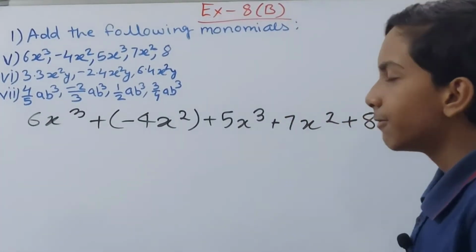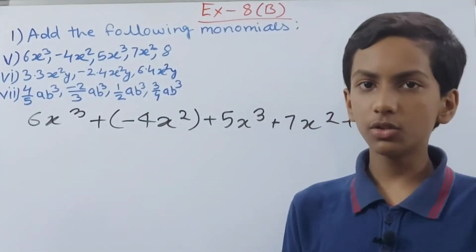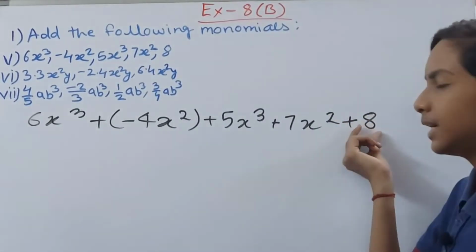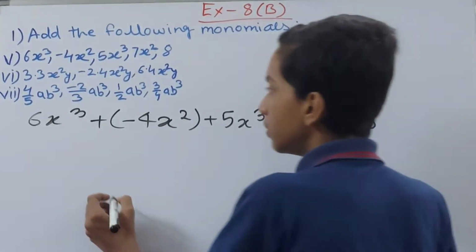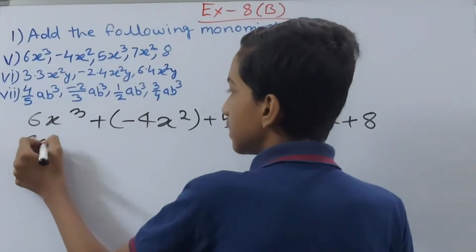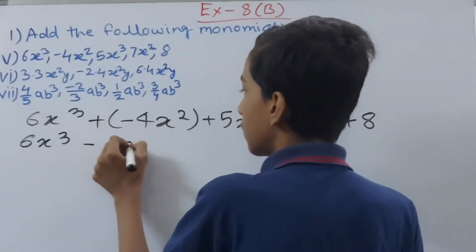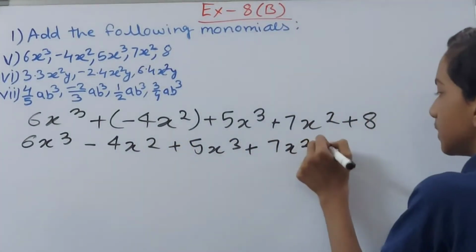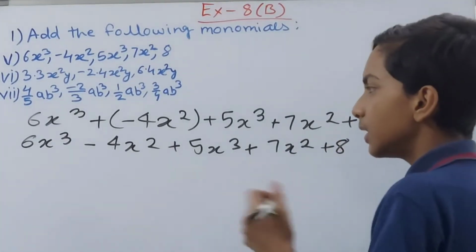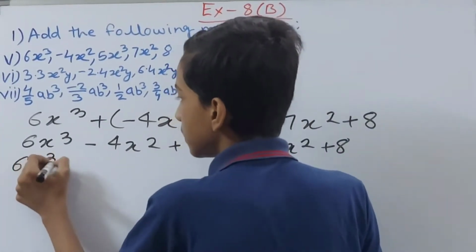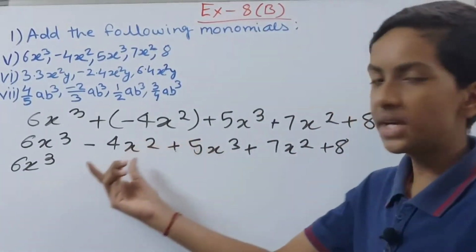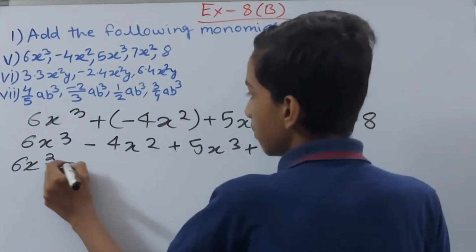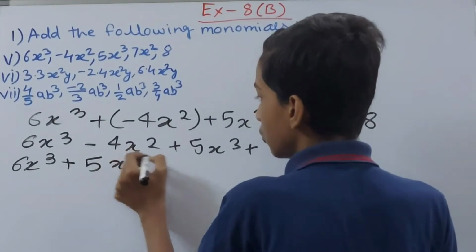First we add the terms with x cube, then the terms with x square, and then simply write the 8 which is left over. So first we open the bracket: 6x cube plus minus minus 4x square plus 5x cube plus 7x square plus 8. Now we rearrange them: 6x cube here, and then any other term with x cube in its variable part, so this one, plus 5x cube.